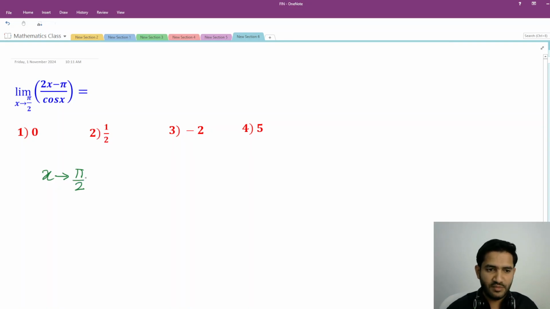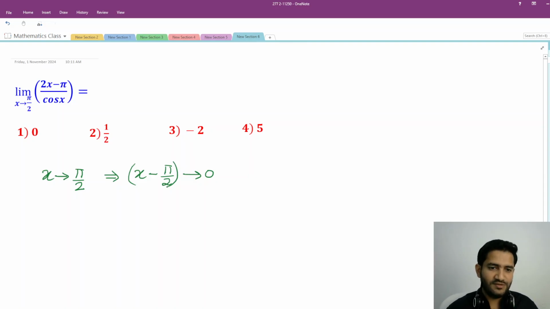Firstly we can convert the limit x tends to pi by 2. So which one tends to 0? X equal to pi by 2, so we can write x minus pi by 2 tends to 0. We are taking this pi by 2 to the left side, that's all. So x minus pi by 2 tends to 0.